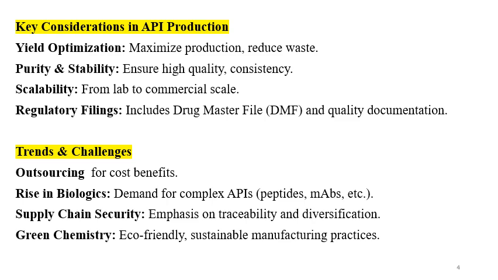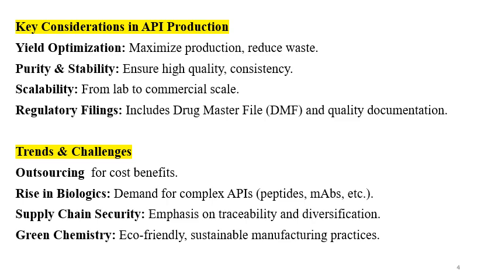Outsourcing to other countries may provide cost benefits. There is a rise in biologics and a demand for complex APIs like peptides. Supply chain security is a challenge, and it emphasizes traceability and diversification.